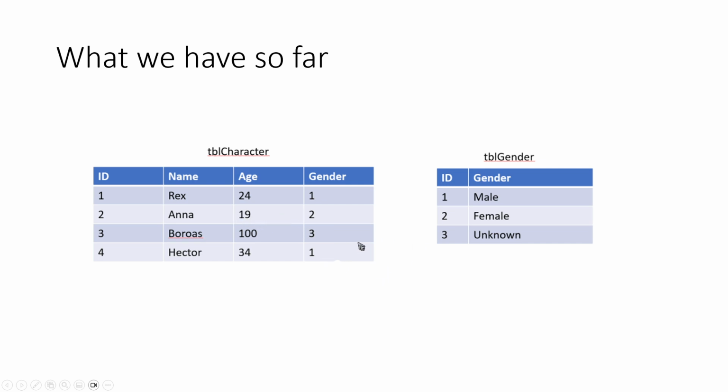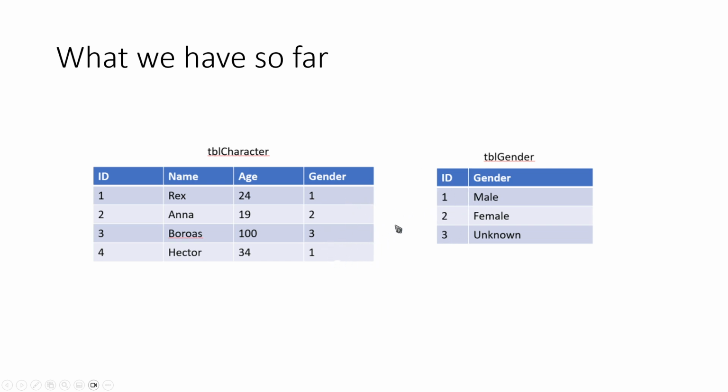Now a foreign key is a column or a group of columns that provide a link between data in two tables. It acts like a reference between the tables because it references the primary key of another table.